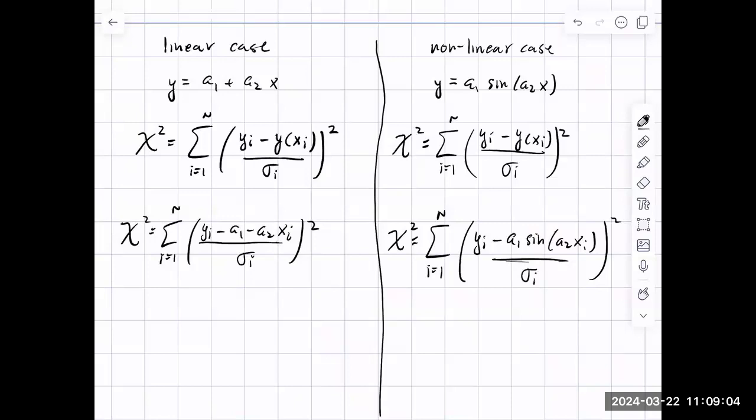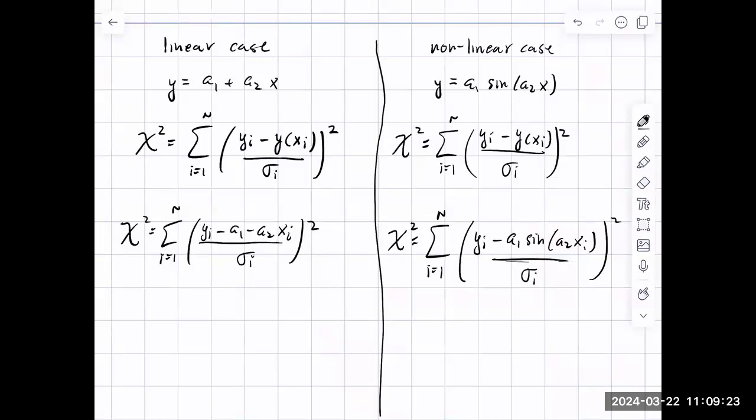So those are our chi-squareds, and the goal is to adjust the parameters a1 and a2 so that when we do the sum, we get the minimum possible value.